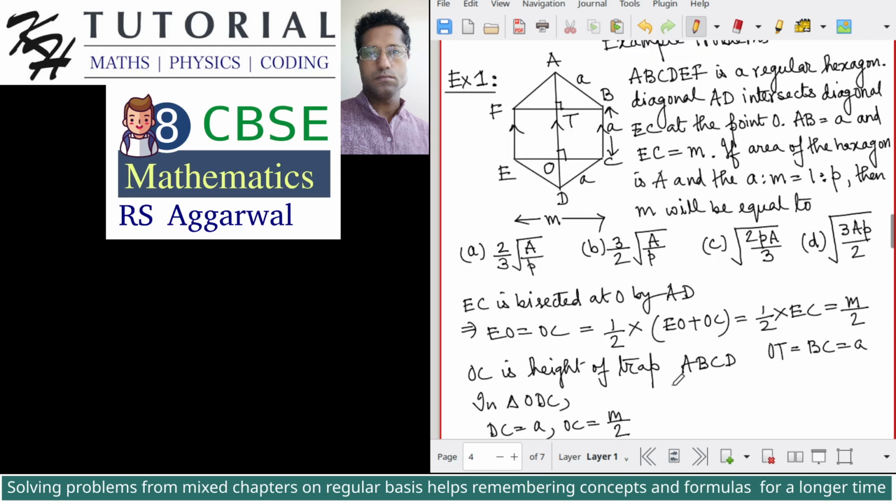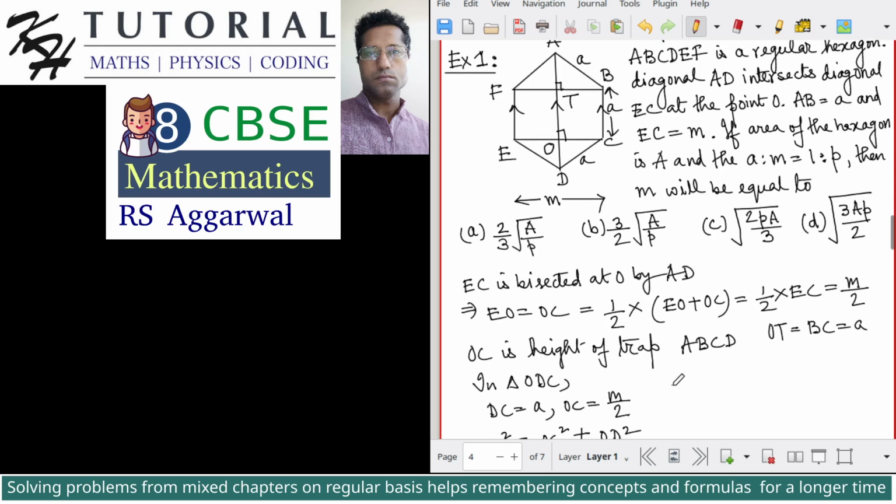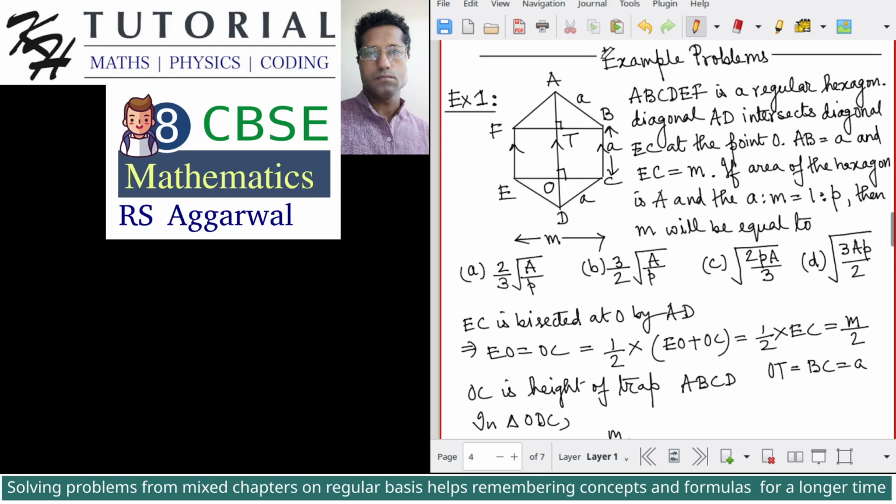Oh, I think I'm thinking in a wrong direction. I was thinking of finding the area using the diagonal AD, which is bisecting the hexagon into two trapeziums. But for that, I need the length of AD, which I do not have. I mean, I can use Pythagoras theorem.